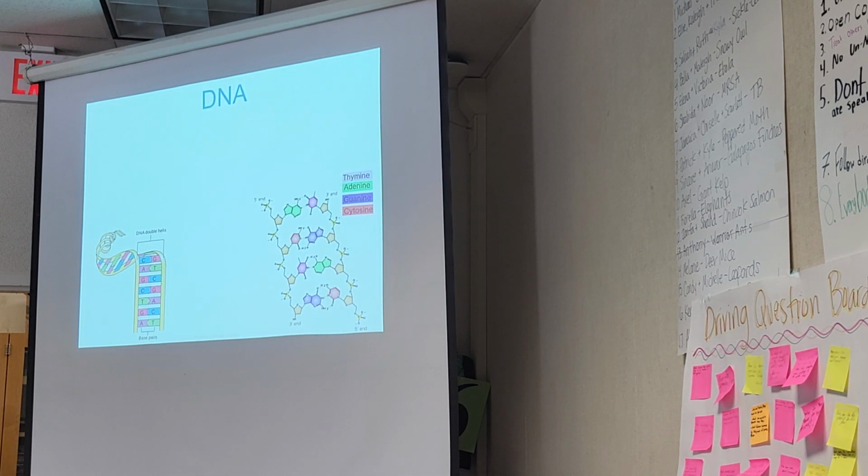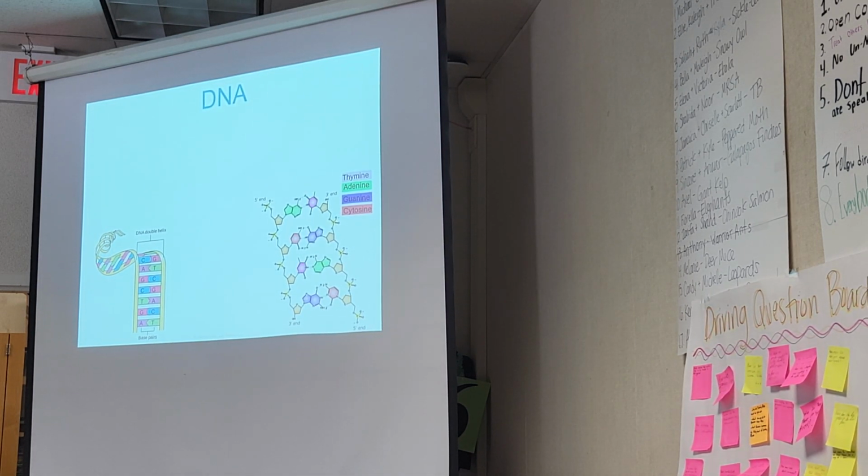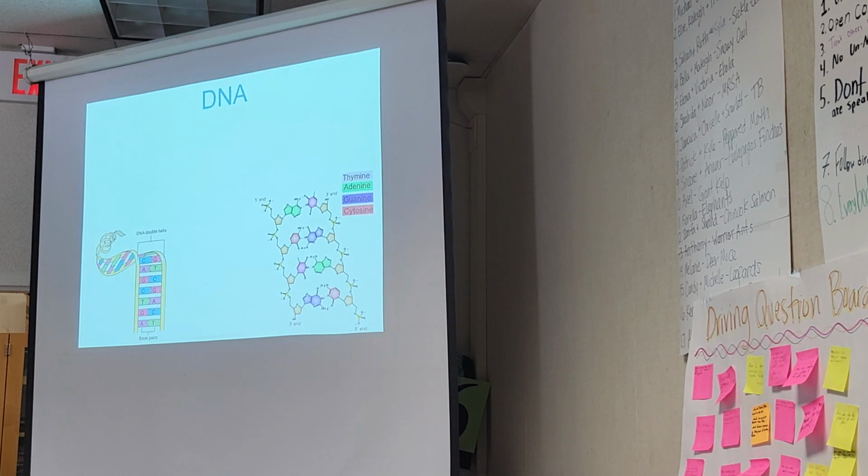We have Chargaff's rule, which says the percent of DNA that is cytosine is about equal to the percent that is guanine, and the percent of thymine is equal to the percent of adenine.